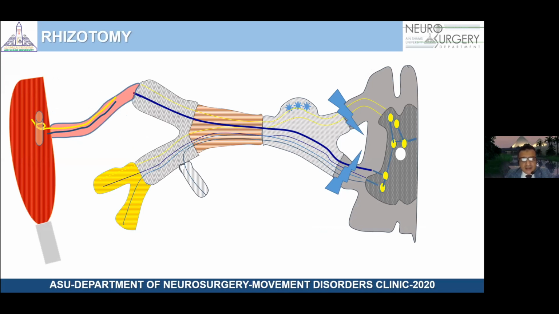Rhizotomy is done on the roots at 2 levels, either at the conus level through 1 or 2 level laminotomies, or at the exit foramina through multi-level laminotomies. We can do selective dorsal rhizotomy only in cases of spasticity, or combined anterior and posterior rhizotomy in cases of mixed hypertonia.